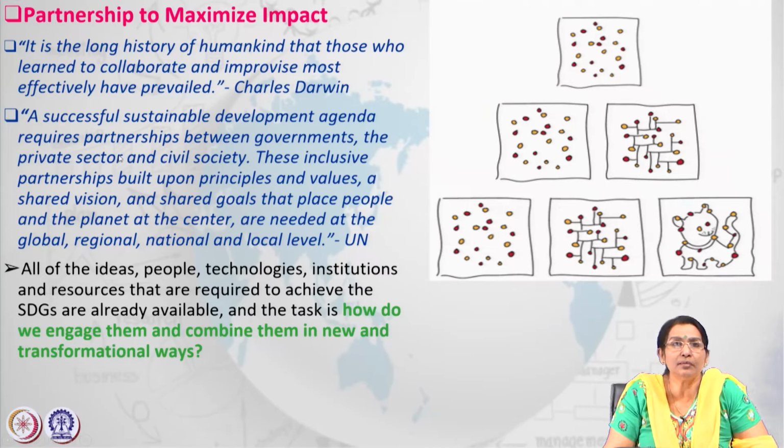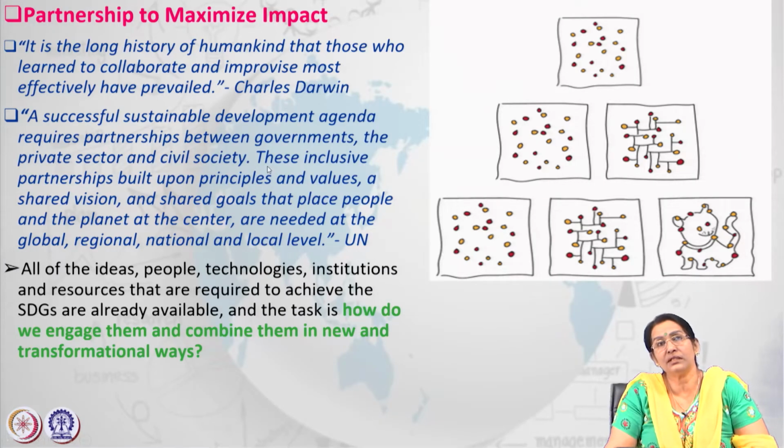Therefore, a sustainable development program or agenda requires a partnership between the governments, private sector, and civil society. So, it will be a multi-stakeholder partnership, as well as, of course, politics: political parties, the political situation of the country, the government, the governance, and the philosophy or the world views of the particular government of a country, their international relations, their business transactions, their networking, and then their ethos, their values and principles, like the democratic values.